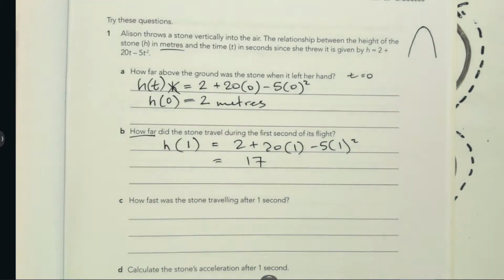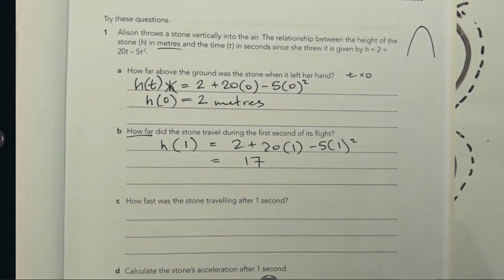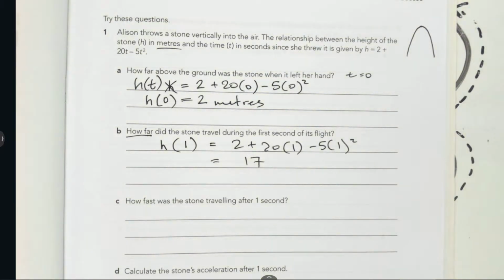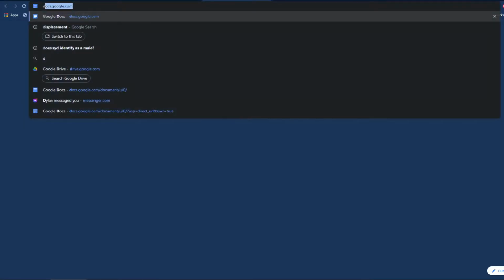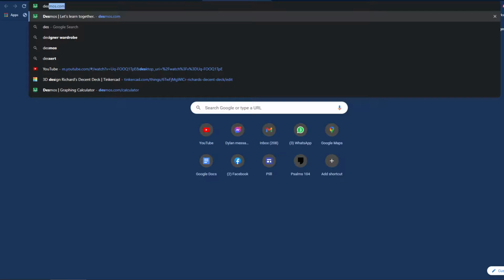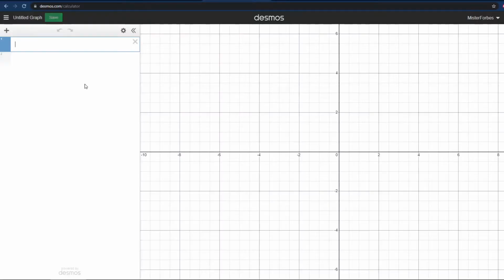Whoa, what the heck? Man, she's got a ridiculous arm on her. Are you kidding me, Alison? Alison got the stone 17 meters in the air. This girl is a beast. I have to see it for myself. Let's look at this model. This is incredible. Is this like a world record attempt or something?